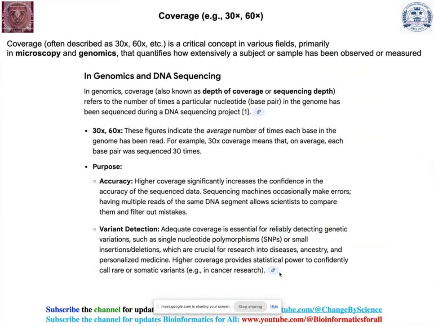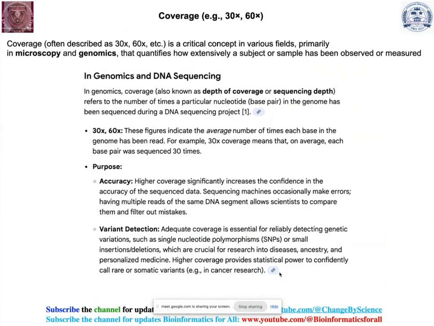Now, what is coverage, 30x or 60x? Don't be confused with the coverage of a microscope, because that term is used there too, but that is different. There you think of magnification, but here you are thinking of the depth of coverage. In genomics and DNA sequencing, coverage, also known as depth of coverage or sequencing depth, refers to the number of times a particular nucleotide in the genome has been sequenced during a DNA sequencing project.